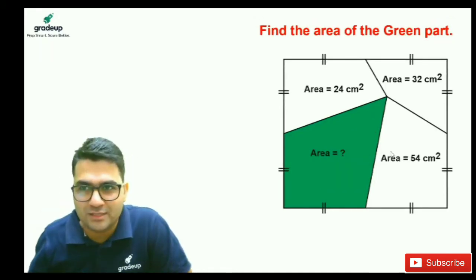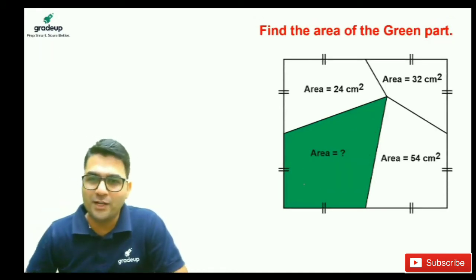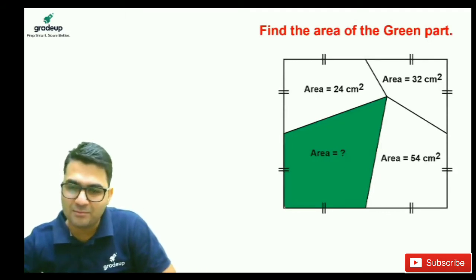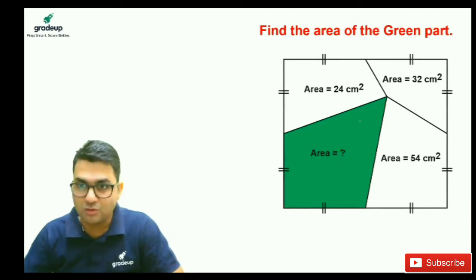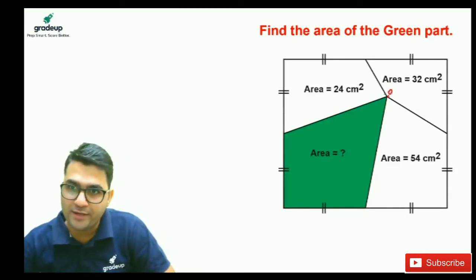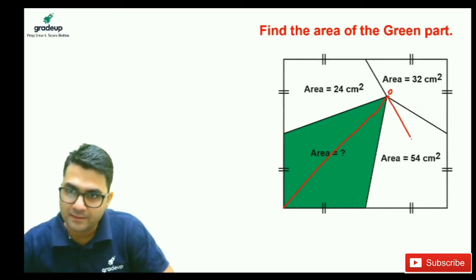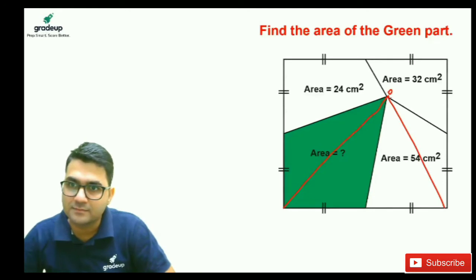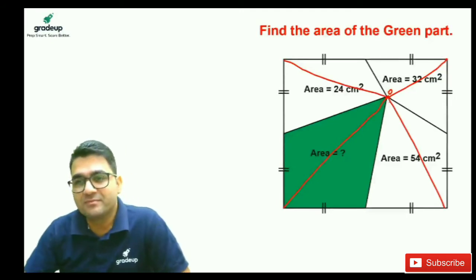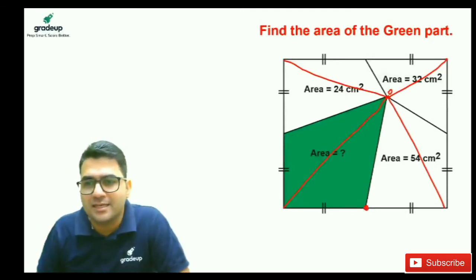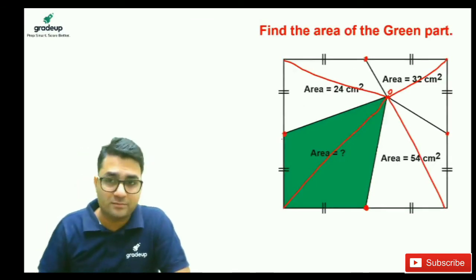Now, in order to find out this shaded area, I'm just joining the vertices to this O point. First of all, join this point O to all the vertices, right? And guys, this is the midpoint of the side. This is the midpoint of the side.